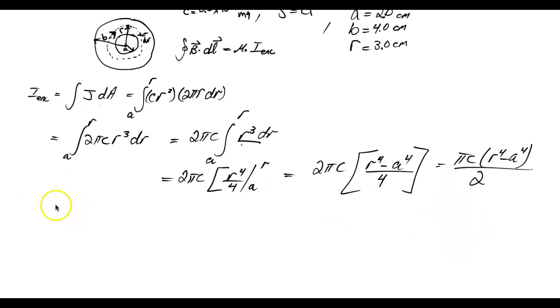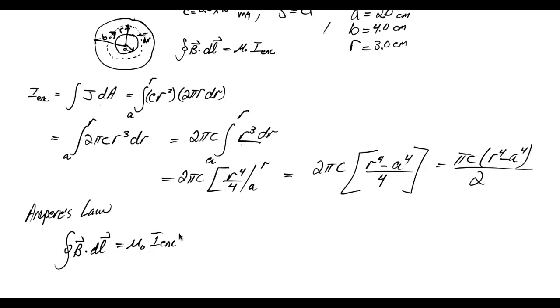Now, Ampere's law says that the integral around a loop of B dot dl is the same as mu naught times I enclosed.